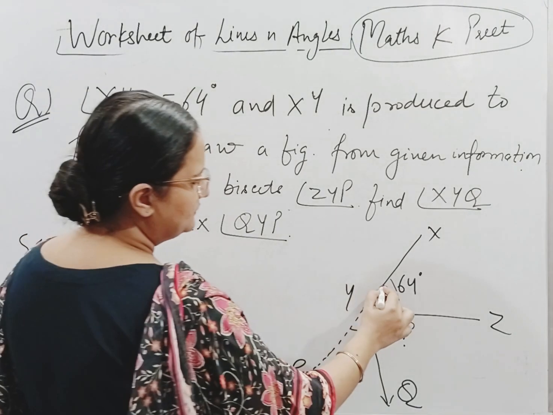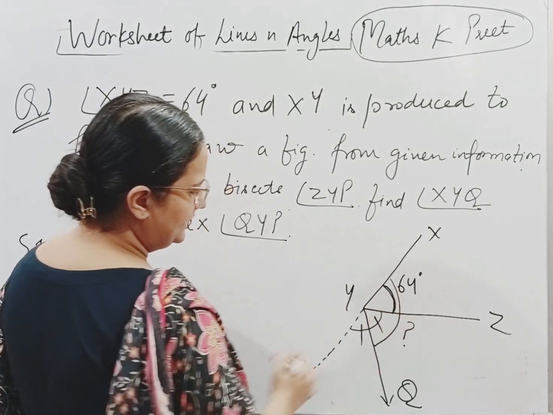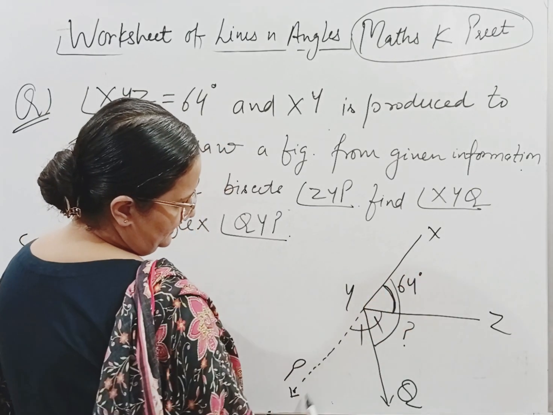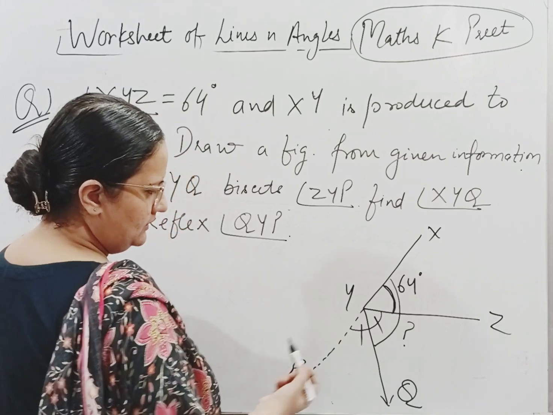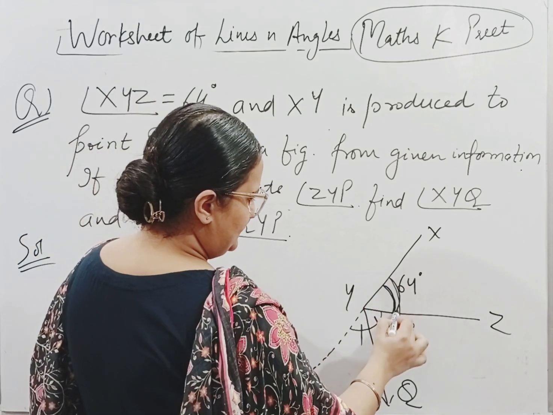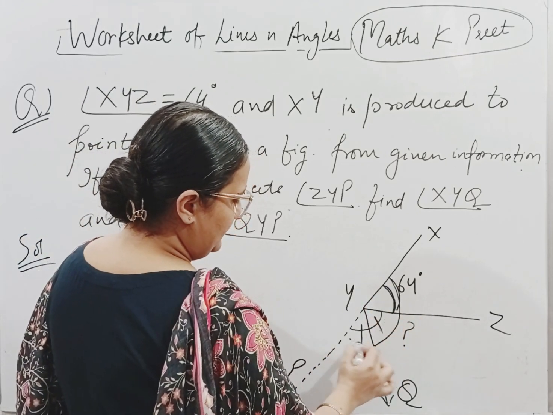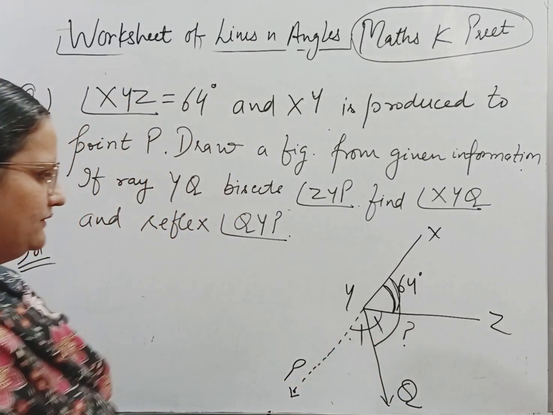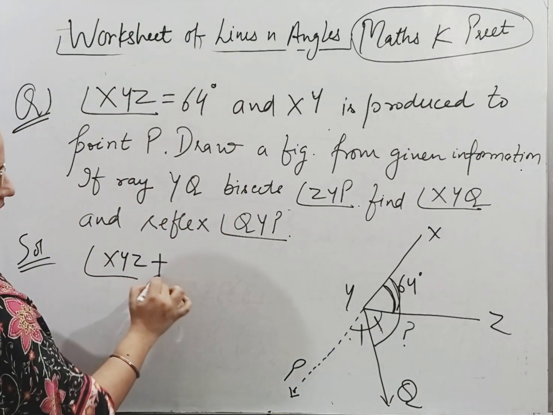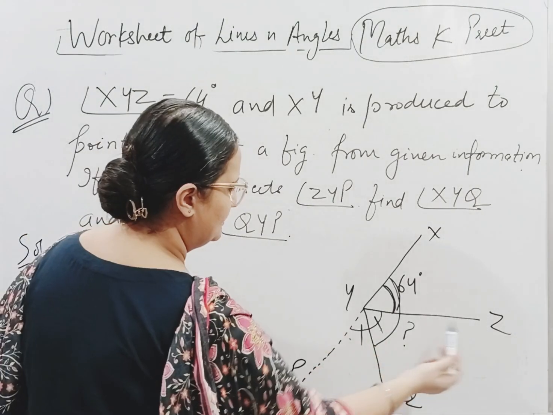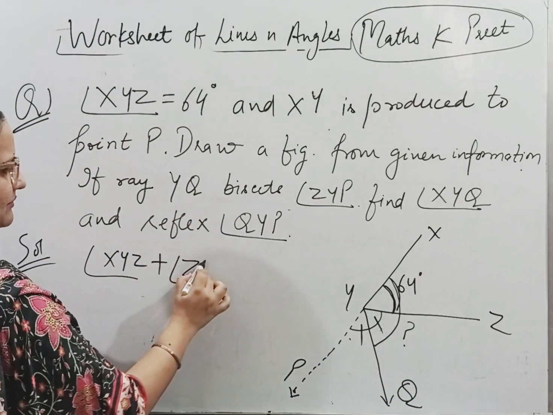So this angle is of 64 degrees. This is a straight line. Now YQ is acting as a ray. So we know that this angle is 64 and this whole angle will make 180 degrees if we sum these two angles, XYZ plus ZYP.